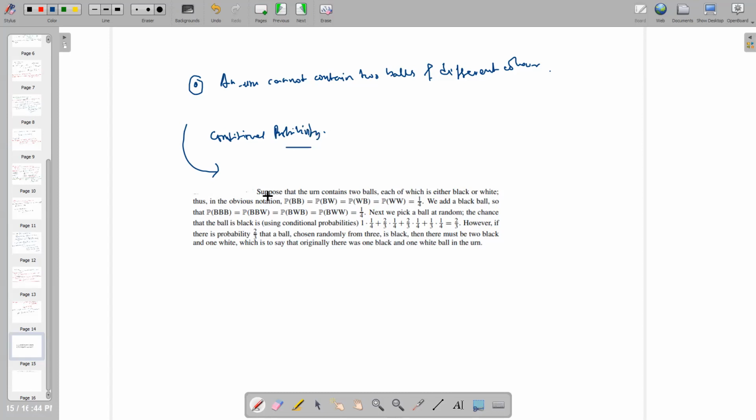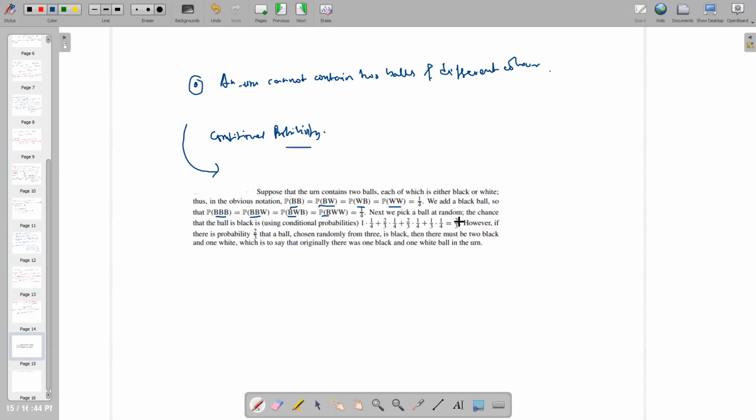Here he says, suppose an urn contains two balls, each of which is either black or white. Thus, in the obvious notation, both of them are black. The probability of both of them being black is equally probable with the other three. So they all have 1/4 probability. We add a black ball, so this becomes this. Everything has equal probability because they have added a black ball to the first space.